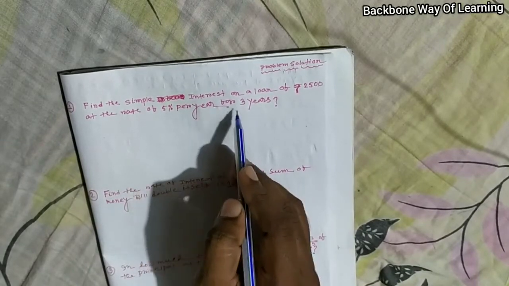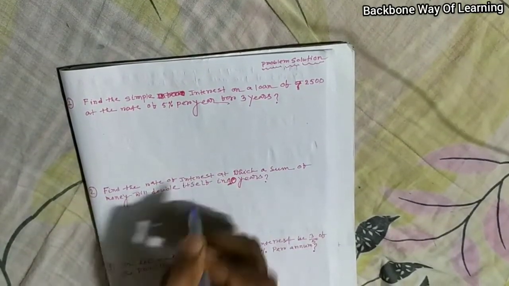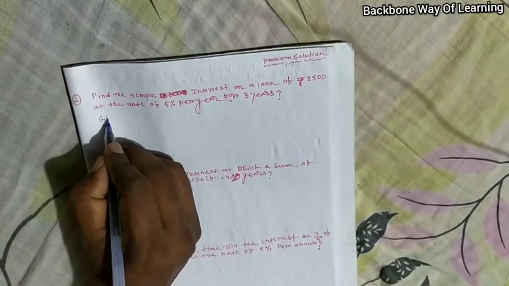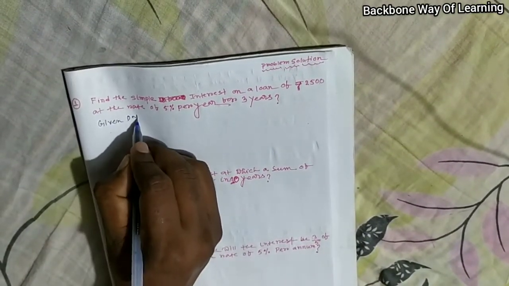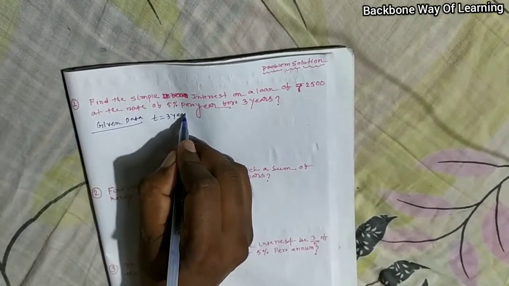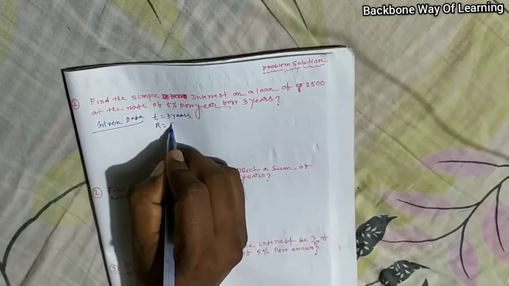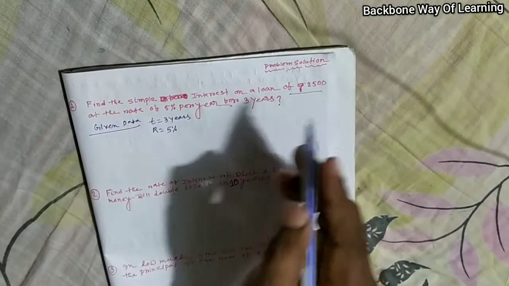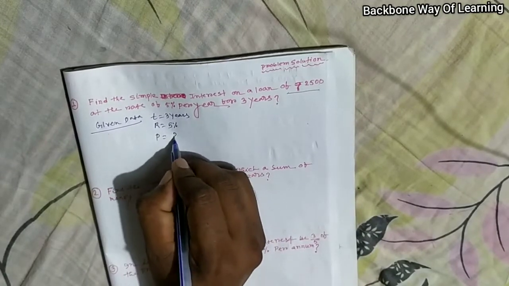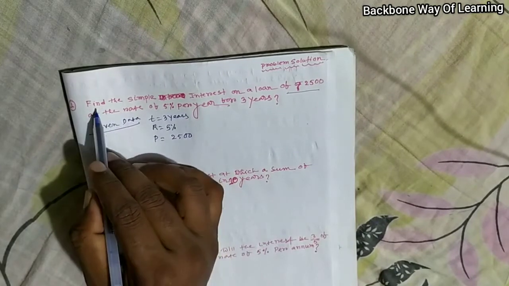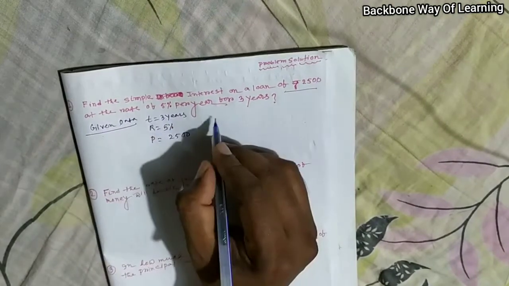Next, we find the simple interest on a loan of rupees 2500 at the rate of 5% per year for 3 years. Here we got the given data: T is equal to 3 years, R is equal to 5%, principal P is equal to rupees 2500. Find the simple interest.